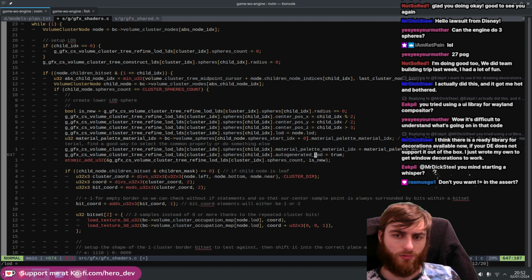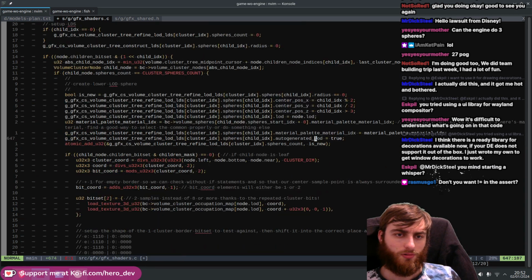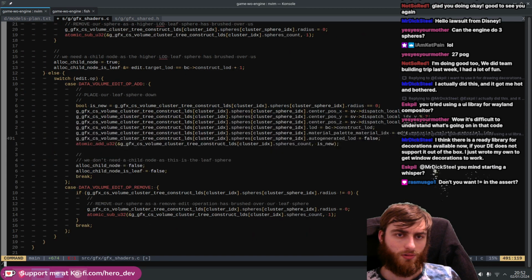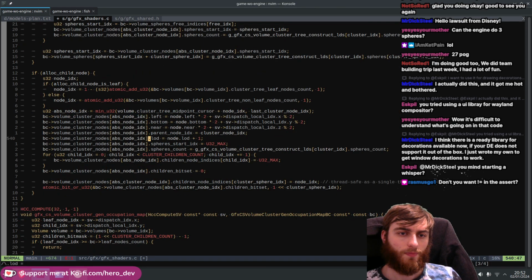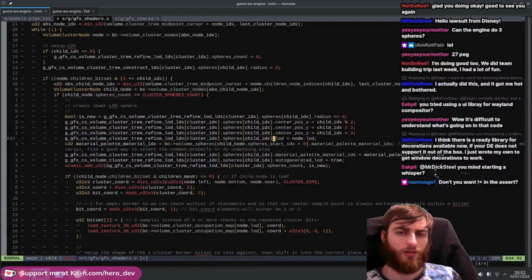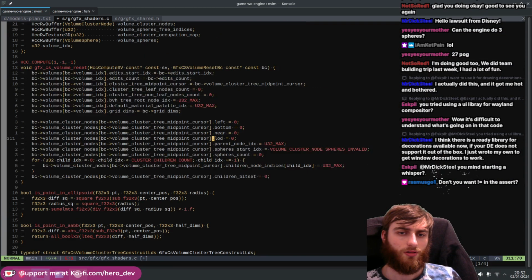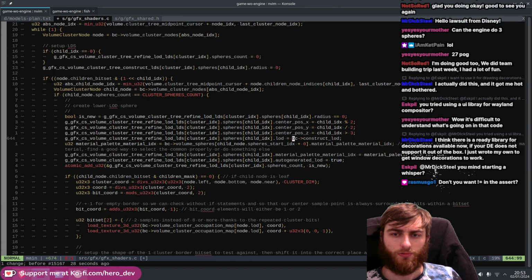Do we have a .lod somewhere? Right. Allocate child node. So that got added on. Yes, they all get set up, which is good.